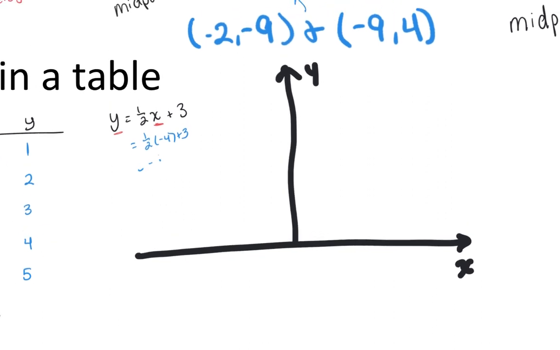So then whenever I go to graph it, if we plot some y values, 1, 2, 3, 4, 5, and then some x values, 1, 2, 3, 4, 5, and some negative x values, -1, -2, -3, -4, -5.